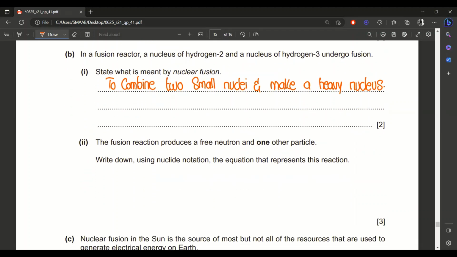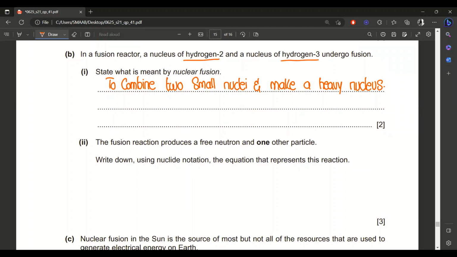Question number 9b, part 2. The fusion reaction produces a free neutron and one other particle. Write down using nuclide notation the equation that represents this reaction. So now we have to write an equation for this whole reaction. We know from the previous part that hydrogen 2 and hydrogen 3 are going to combine.